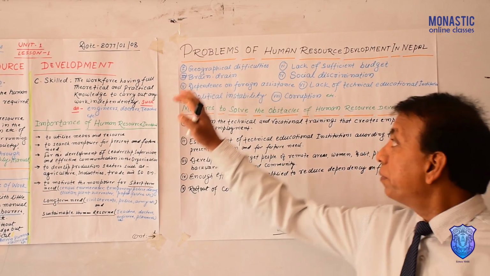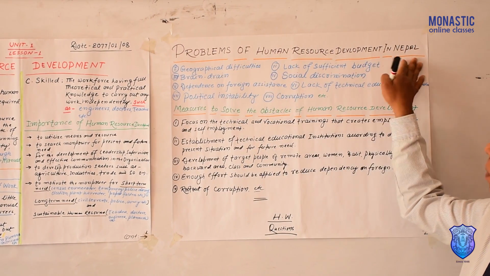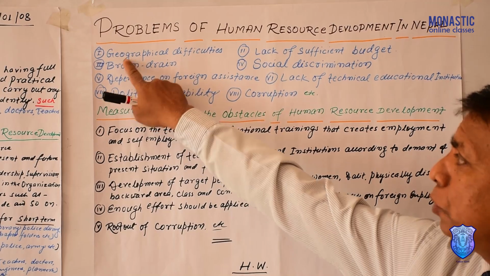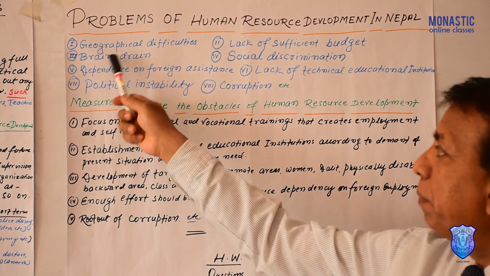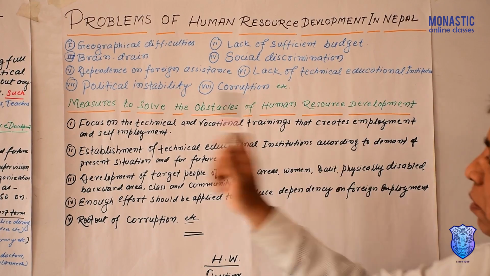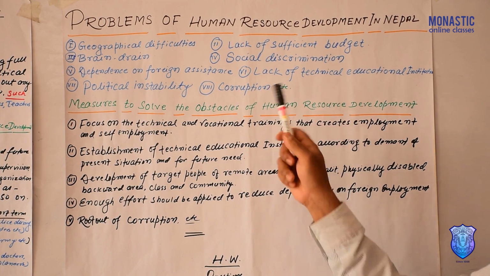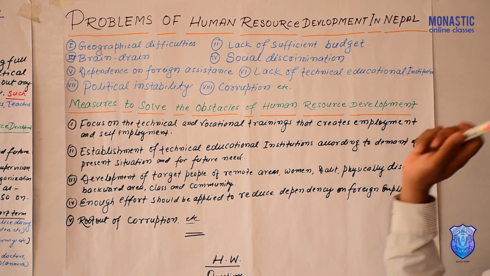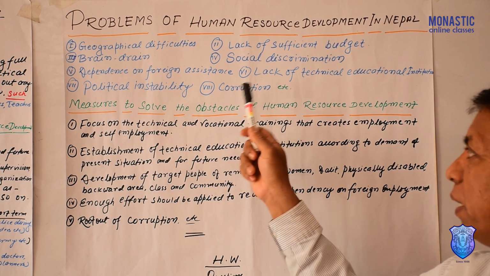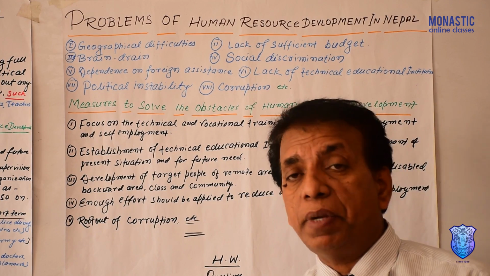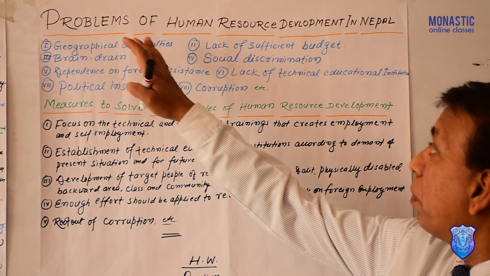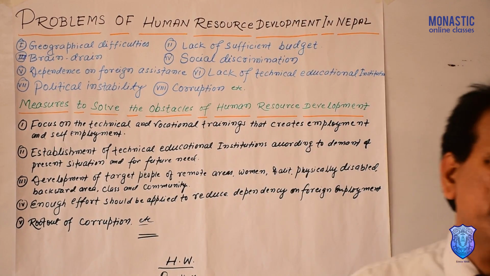So you can note down here the problems of human resource development in Nepal: geographical difficulties, lack of sufficient budget, brain drain, social discrimination, dependence on foreign assistance, lack of technical educational institutions, political instability and corruption. This question can also be asked in our examinations: what are the problems of human resource development in Nepal?